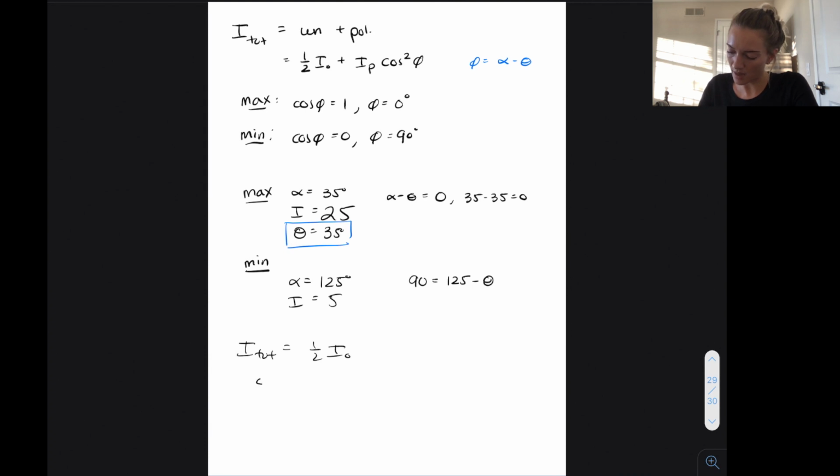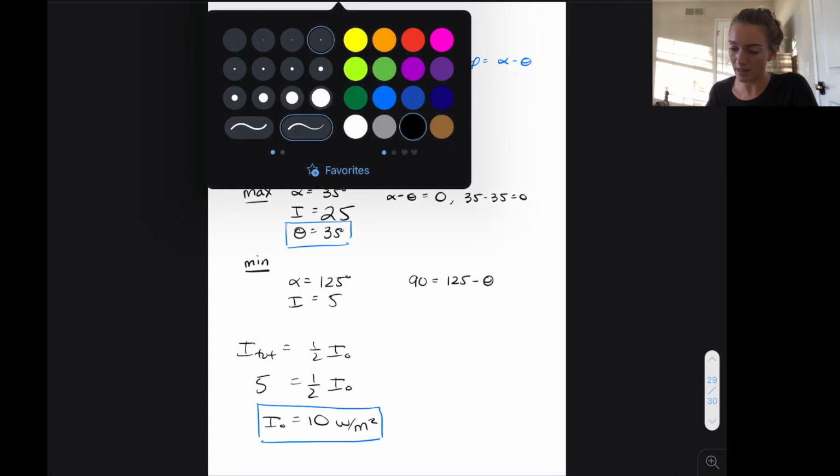And we said at the minimum we had 5 watts per meter squared get through, and that's equal to 1/2 the intensity of the unpolarized light. So we can see that the unpolarized light has an intensity of 10 watts per meter squared. Okay, so that's our intensity of the unpolarized light.